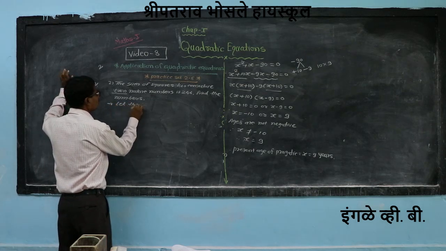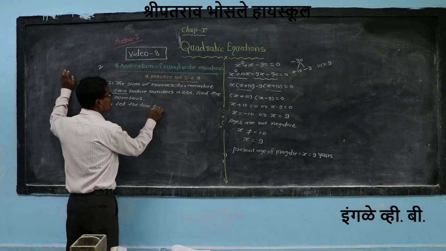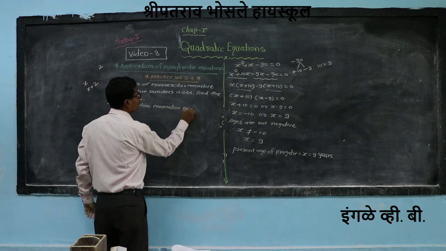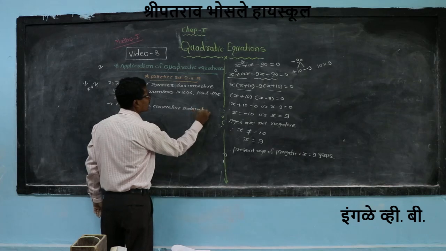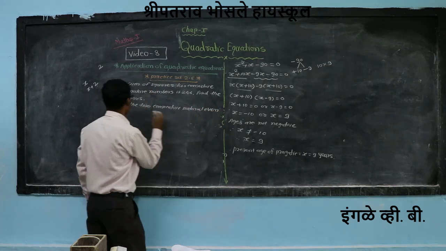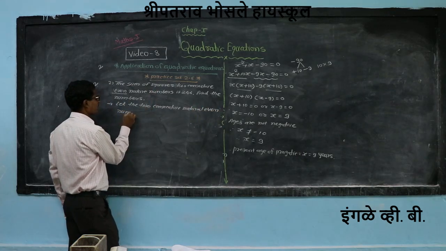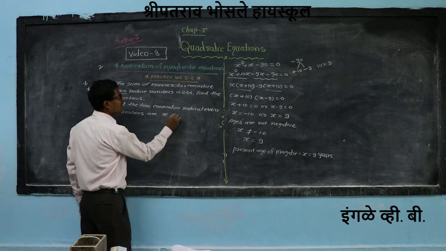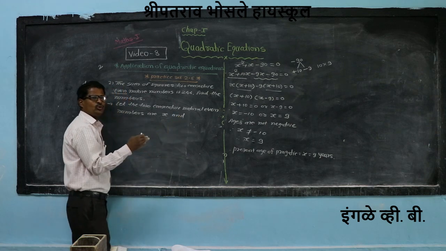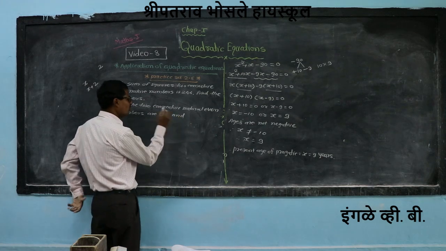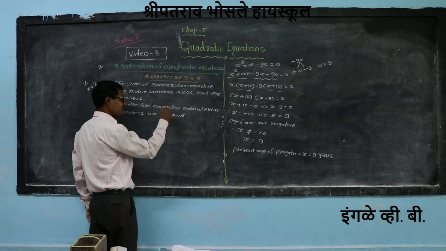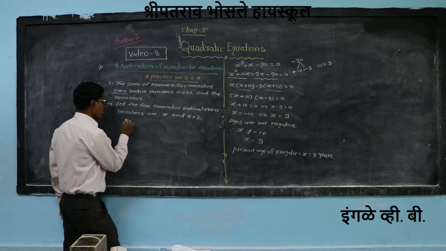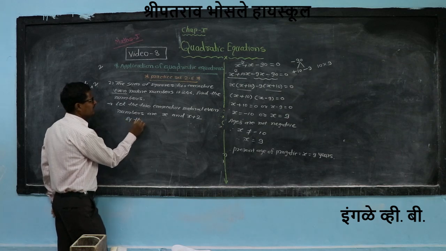Let the two consecutive natural even numbers be x and x plus 2, by the given condition.